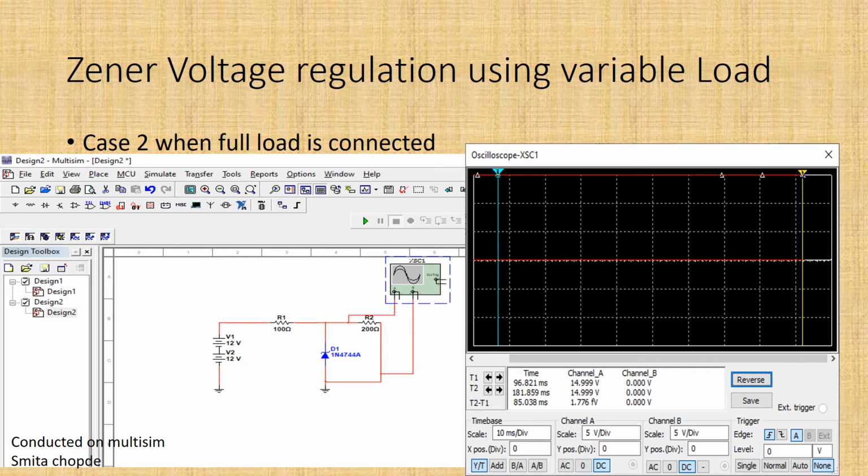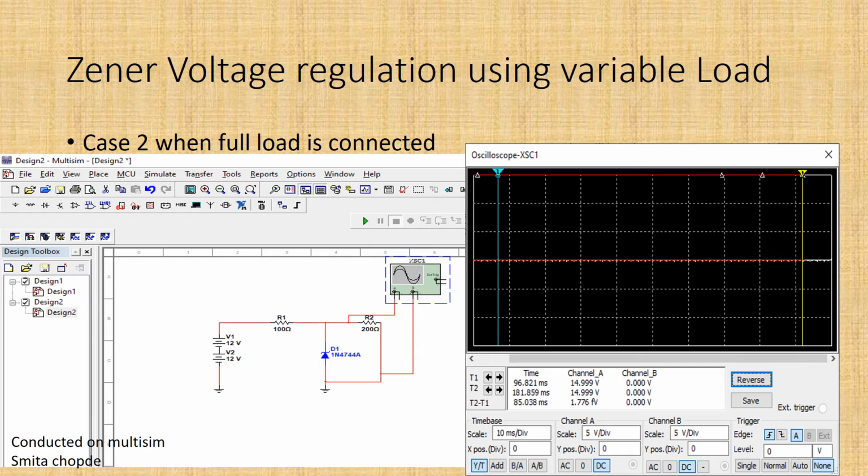When full load is connected, a load of 200 ohms is connected in parallel with the Zener diode. The input voltage firing the Zener diode is 24 volts, and the input resistance is 100 ohms. By applying a resistance of 200 ohms, what voltage regulation can be achieved?